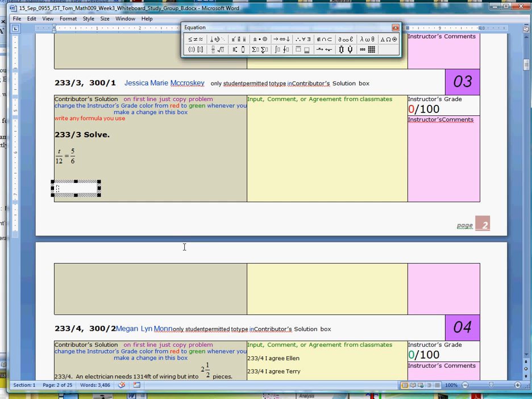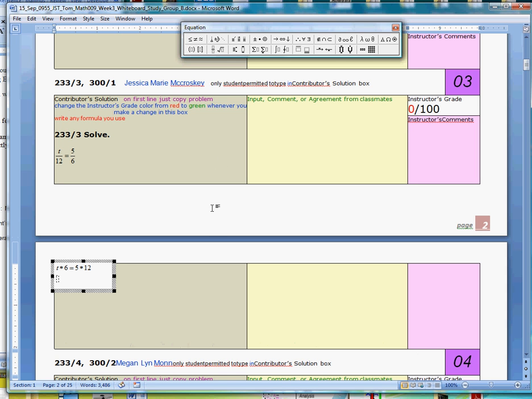First, I'm going to say that t times 6 is equal to 5 times 12. In other words, what I did was cross multiply. And on the next line, I'm going to work that out a little bit and say that 6t is equal to 60.